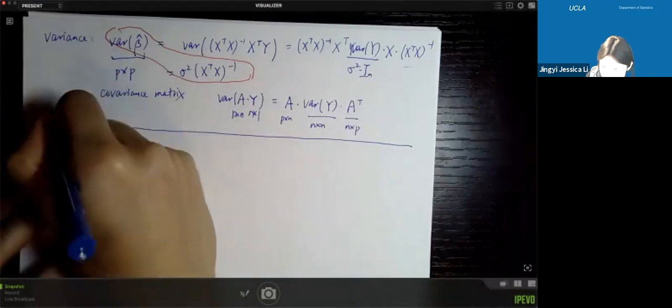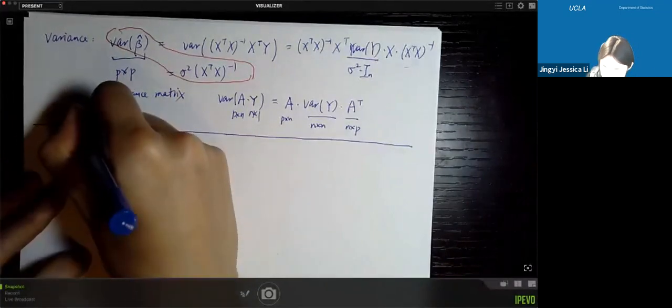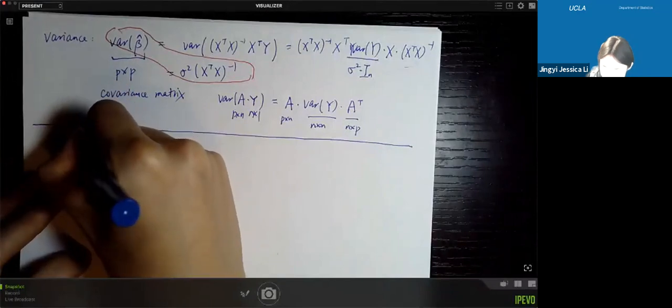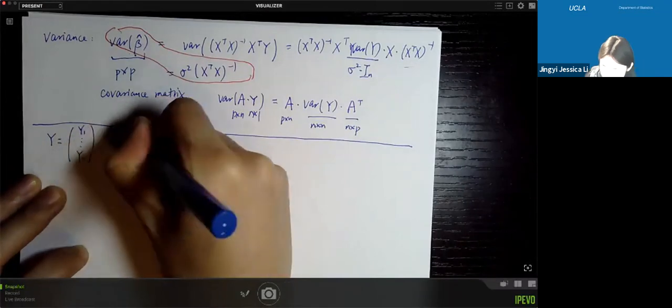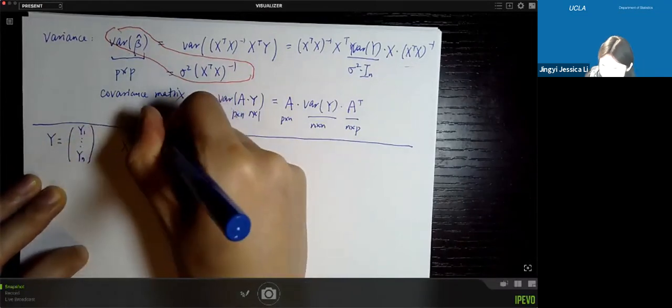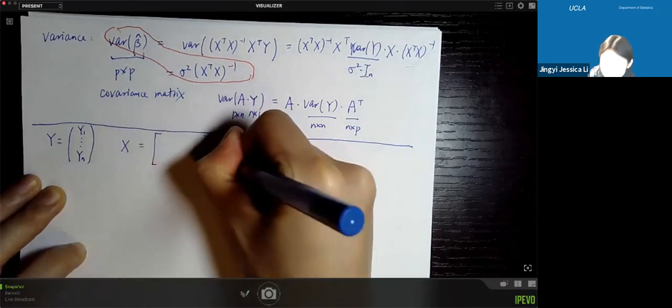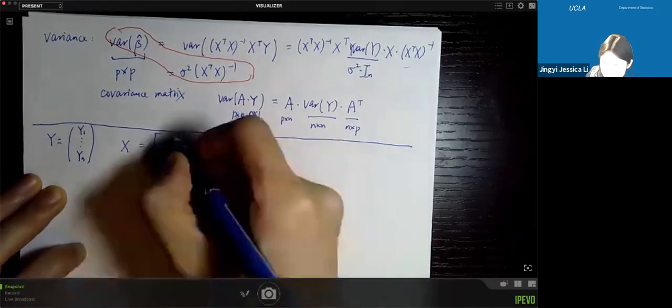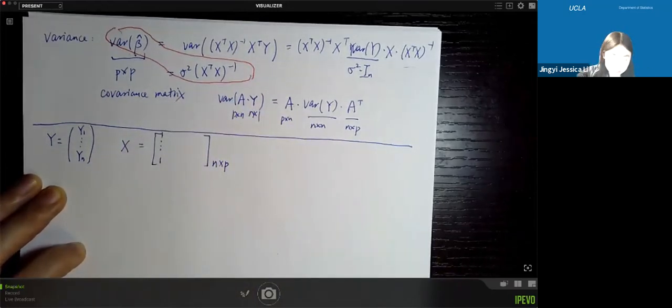Here the vector y is what we call the response variable vector. It is random and n-dimensional. The design matrix, we'll call it an n by p matrix, but please make sure that you understand that it already includes the intercept. So the first column contains n ones, and that's the intercept.